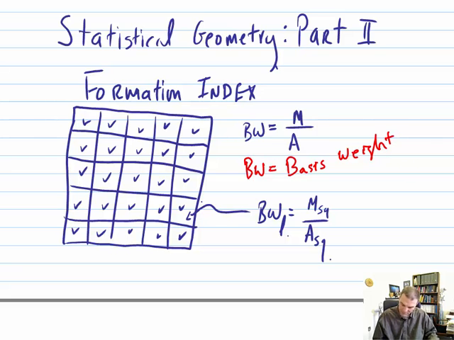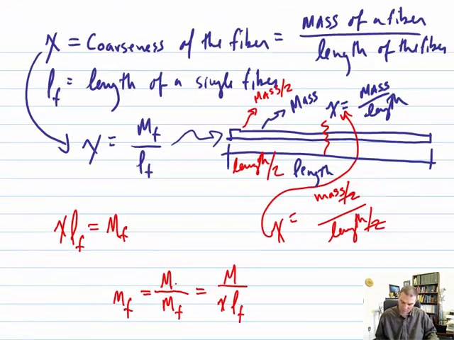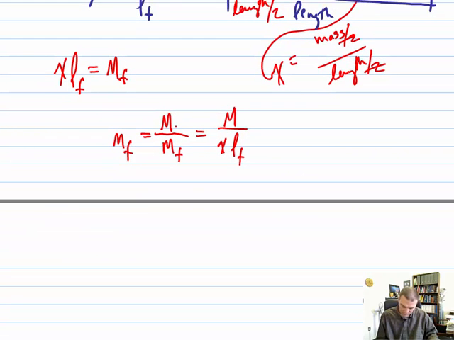If we wanted to know the number of fibers in a square meter, we could simply write the basis weight, the mass per unit area. Let's say we're using grams per meter squared here, divided by the coarseness times the length of the fiber.